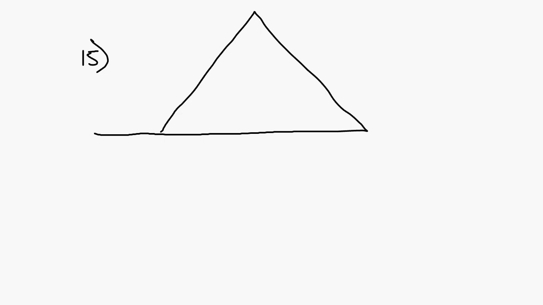And finally for today, number 15. You're dealing with an exterior angle, 134. There are two ways to solve this problem. If you remember anything about exterior angles, an exterior angle is equal to the sum of its remote interior angles.